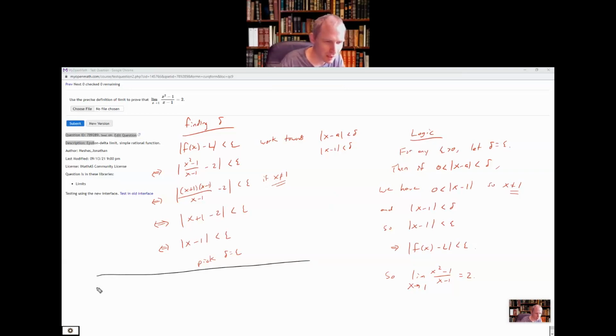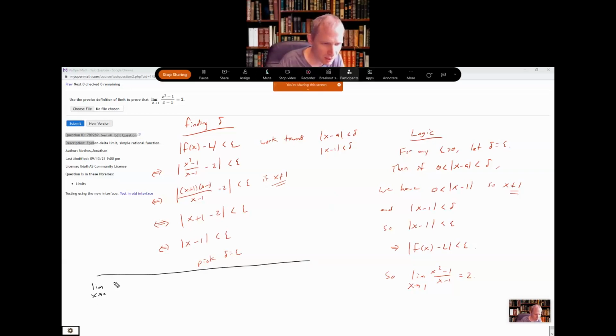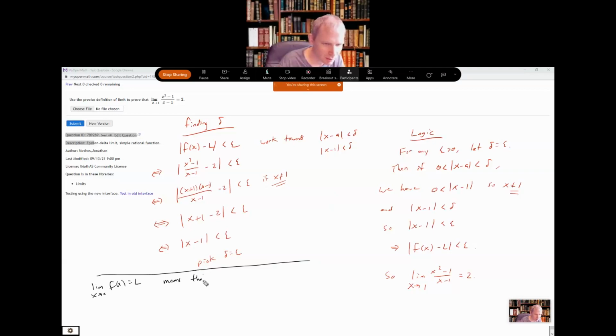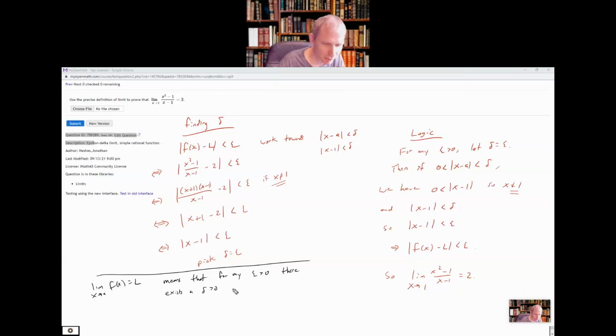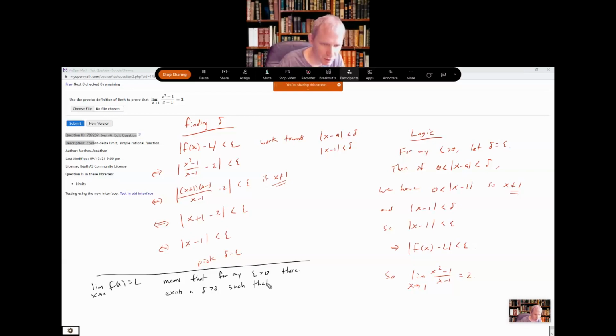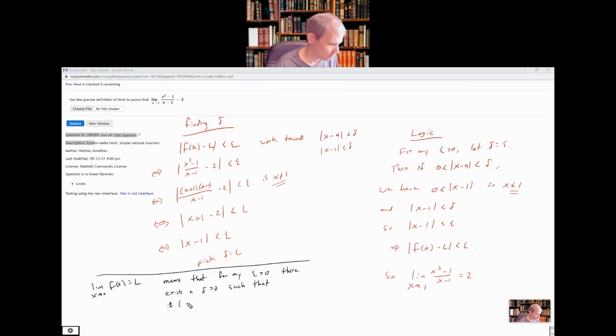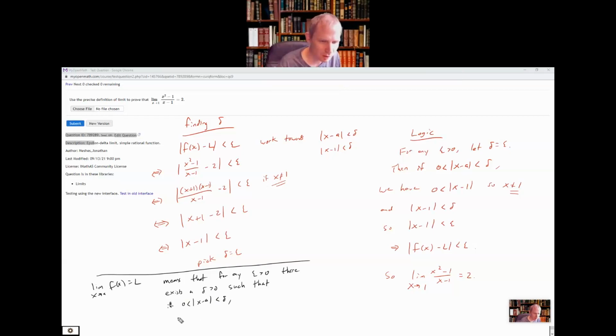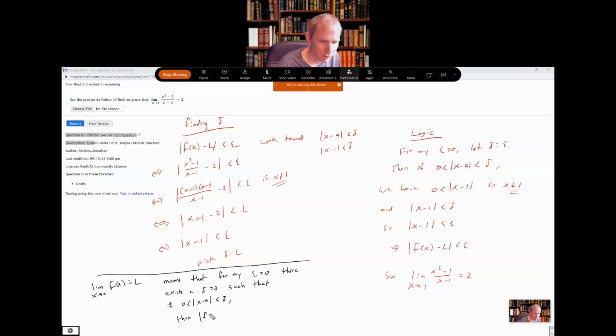The definition of the limit is that the limit as x approaches a of f(x) equals L means that for any number epsilon greater than 0, there exists a number delta greater than 0 such that if 0 is less than |x minus a| is less than delta, then |f(x) minus L| is less than epsilon.